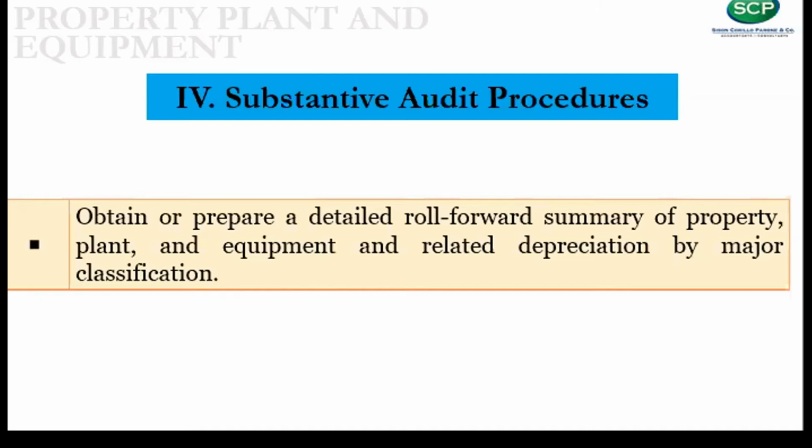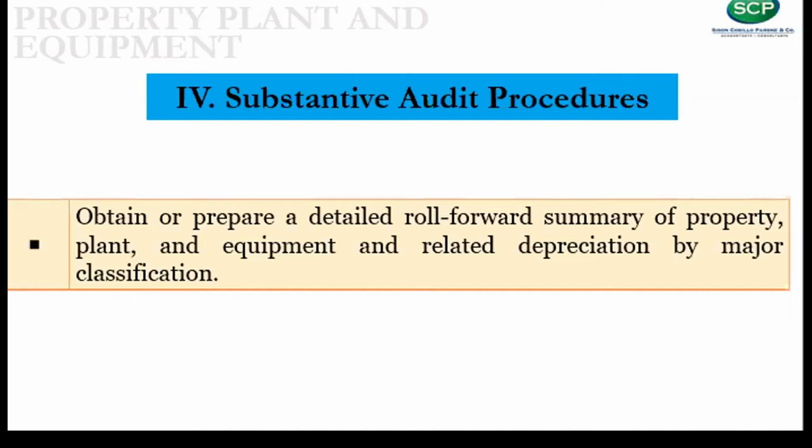This is just the first audit procedure that we will discuss. The first audit procedure that we should be doing is to prepare a lead schedule or a summary of fixed asset balances by major classification, where the current year balances can be compared directly with the prior year balances, and where adjusting entries for fixed assets, if any, will be posted later.